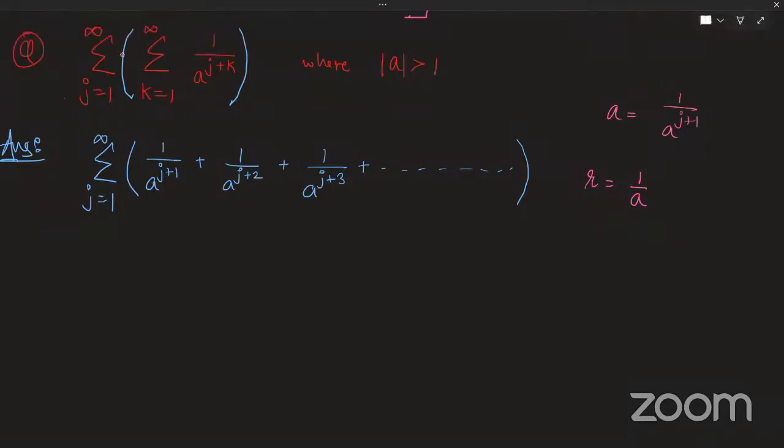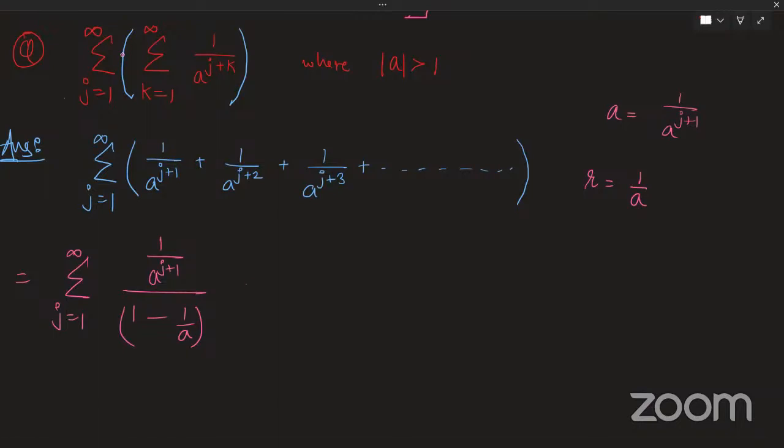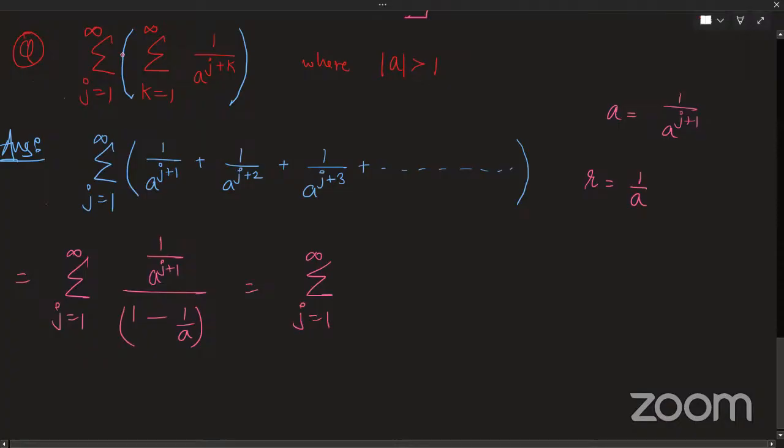So now tell me, what is the sum of this series? A by 1 minus r, right? Yes, sir. So tell me its value. It will be sigma j going from 1 till infinity, a by a raised to j plus 1 divided by a minus 1, right?